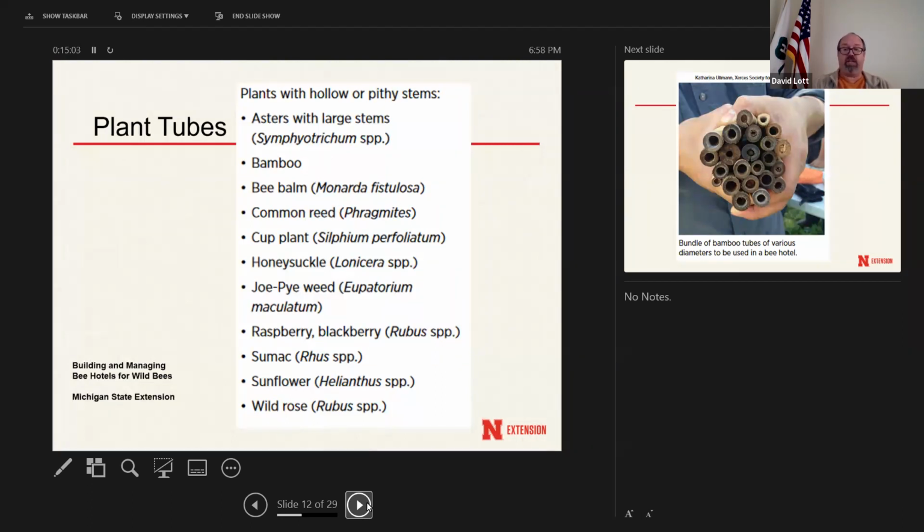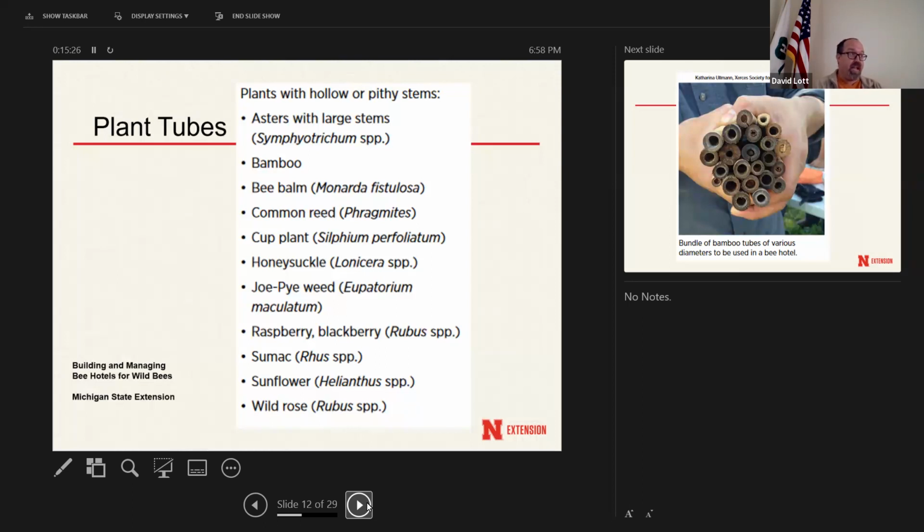Honeysuckle, we try to control planting of honeysuckle because it can have kind of an invasive nature in the landscape. Joe Pye weed is a great native plant that we are growing for our pollinator project for Nebraska Game and Parks. We also have Joe Pye weed in our garden here at the Extension Office.